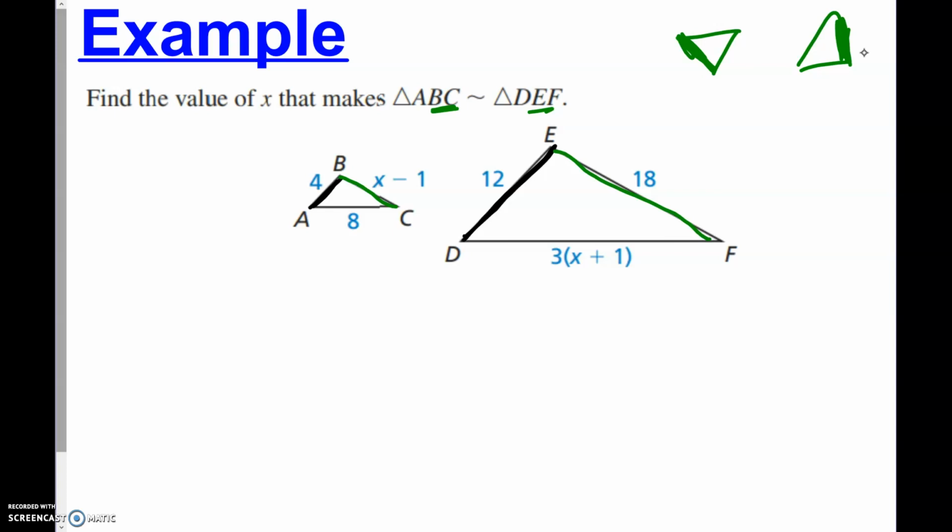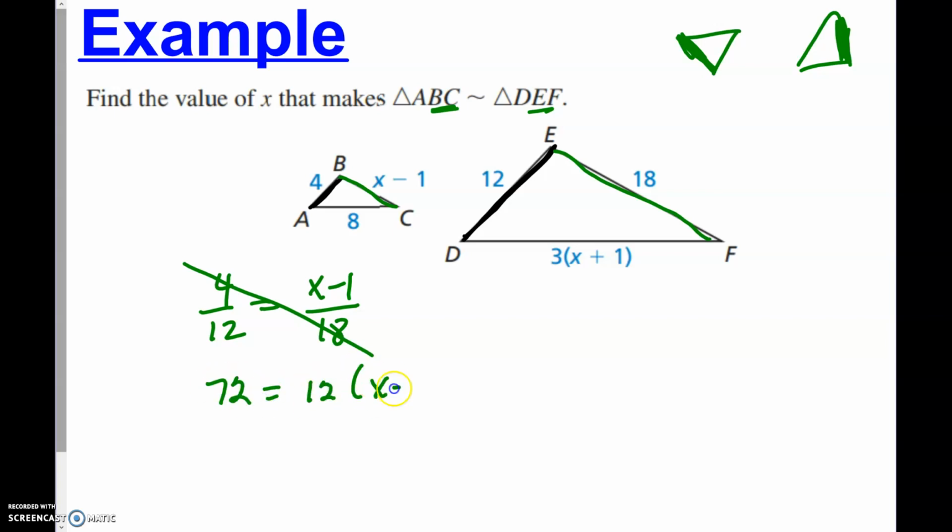So I'm going to do the black sides, 4/12, left side, and then I'm going to do x minus 1 to 18. We solve this by cross multiplying. So 18 times 4 gives us 72 equals 12 times x minus 1.